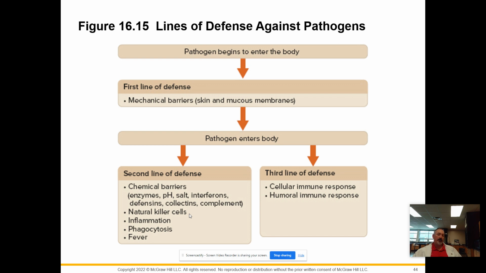The third line of defense is our final line. This is going to be that adaptive immunity that is so specific that it is like a sniper, is the better way to look at it, the way it's going to individualize something and remove it.